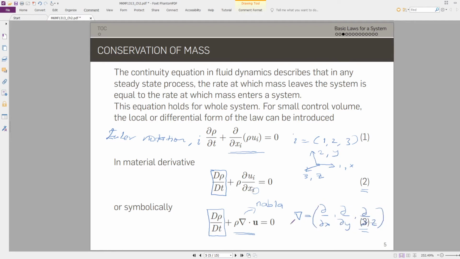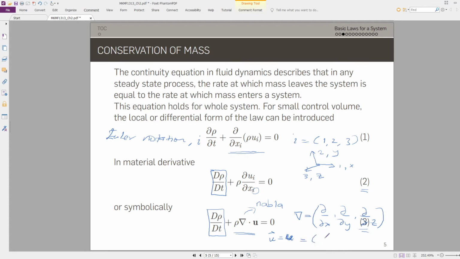So this is what is represented by a nabla here, and we have capital U, the bold U, which replaces the Euler notation u_i, which is similar to the U with a vector symbol on top of it; they are very similar.